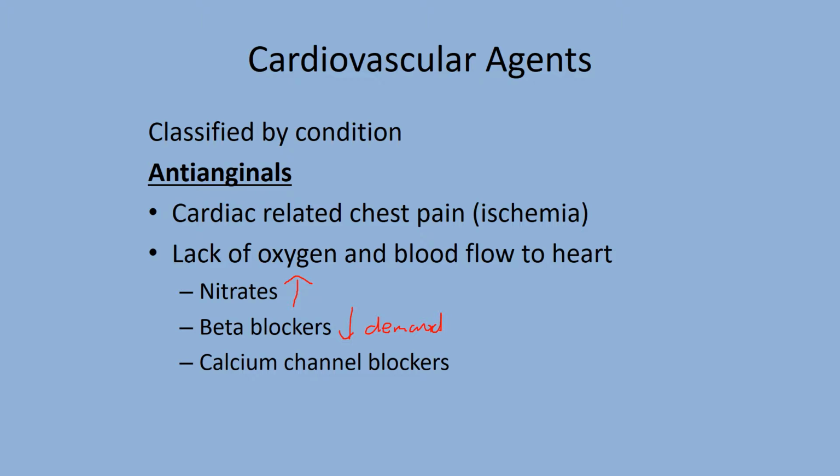If we have a beta blocker and your contractions are a little bit slower and less forceful, then you're going to use less oxygen. Same thing with the calcium channel blockers. Calcium is one of the electrolytes, so here we're just reducing the electrical potential, hence reducing the force of the contraction.